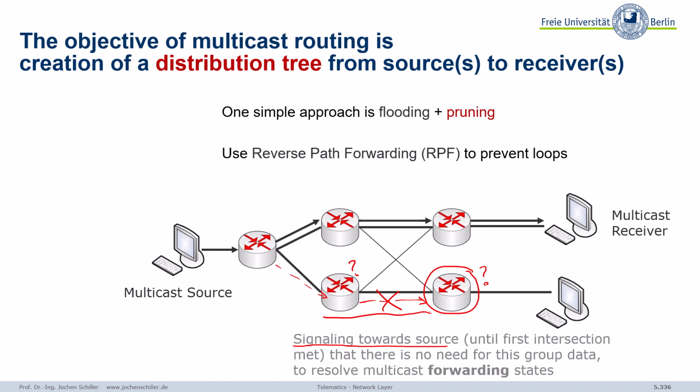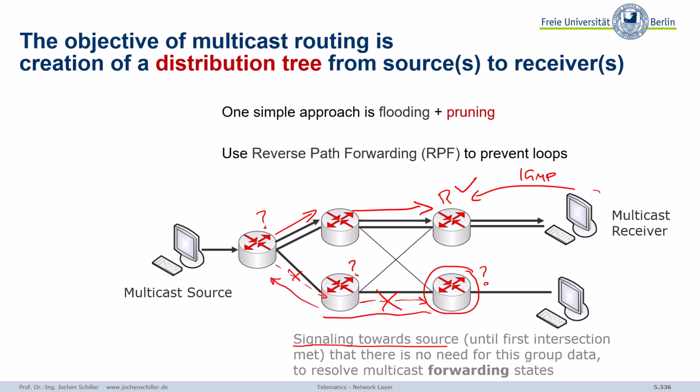If no one needs it, then I will signal towards the source, no one needs this. Here, we cannot stop forwarding to the upper line of routers, because here we see that someone needs the multicast packets. Because in the local area network, there was someone who showed interest using IGMP or MLD, telling the first router, yes, there's some interest, please forward. Then the packets will be forwarded here.